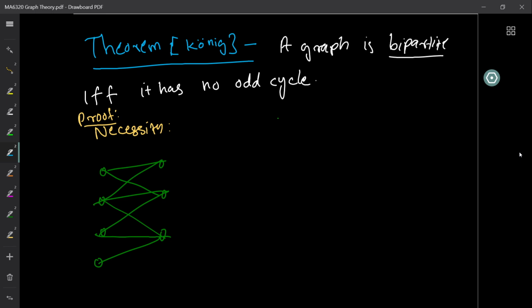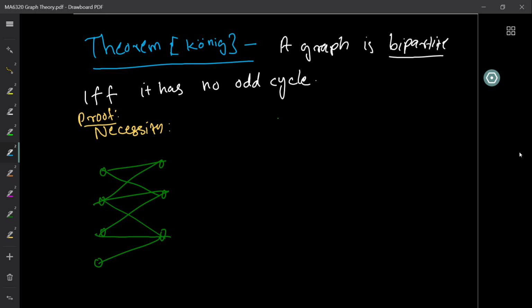And this theorem due to Koenig classifies the bipartite graphs. Okay? So he says that a graph is bipartite if and only if the graph contains no odd cycle. Okay, so this is a very nice characterization, right? You can just look at a graph and see whether it is bipartite or not by checking whether there are odd length cycles, right? Or if you know that there are no odd length cycles, then you know the graph is bipartite. So this is an if and only if condition.